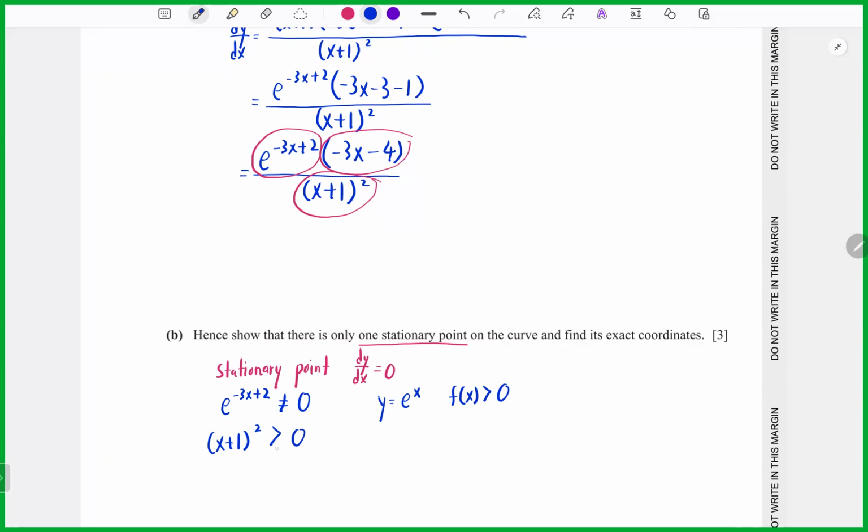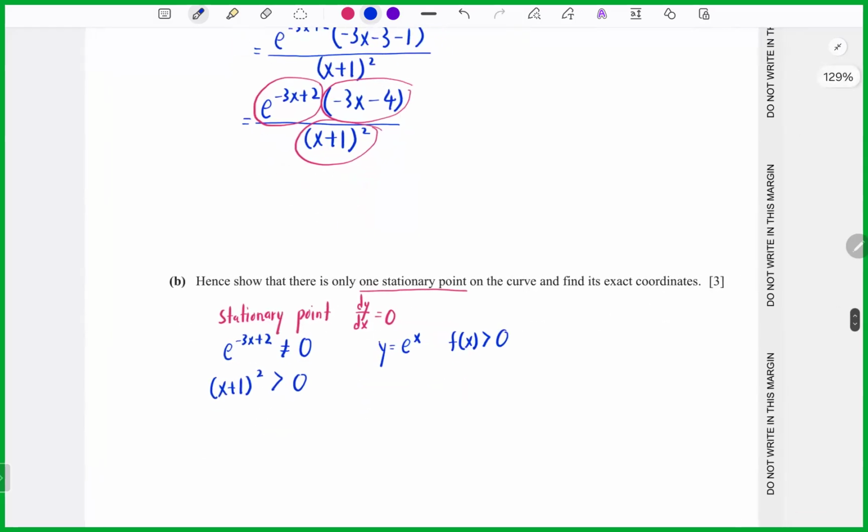So just one possible way can equal 0, the other term. You take negative 3x minus 4 equals 0. Negative 3x equals 4, x equals negative 4 over 3.